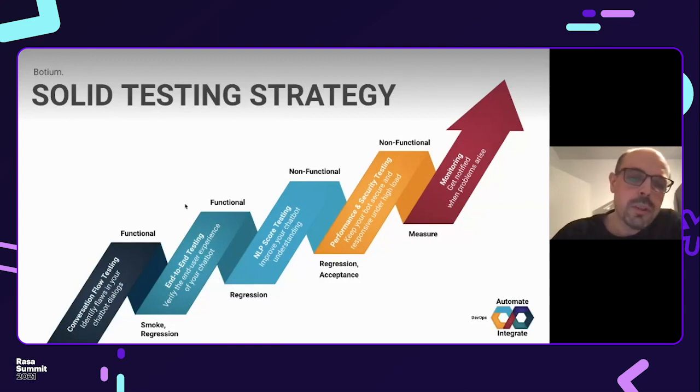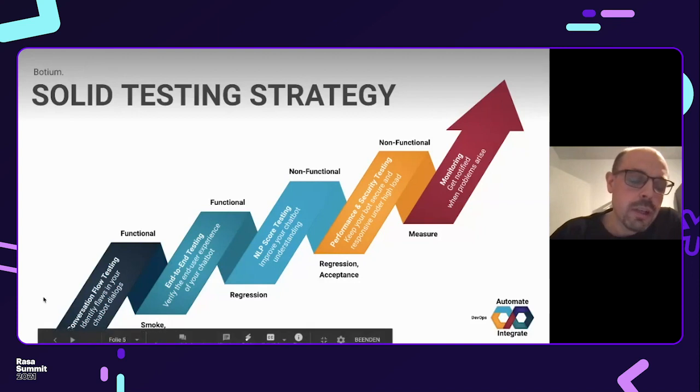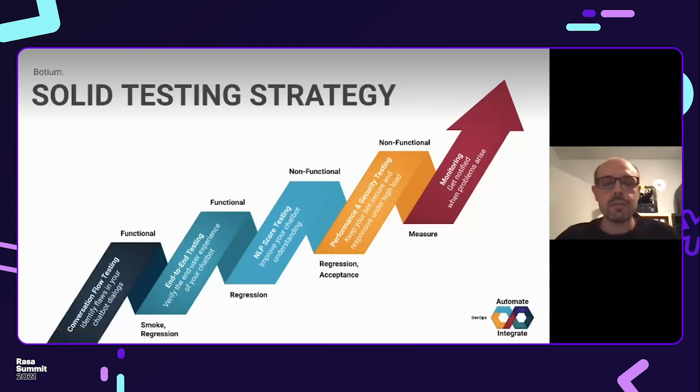And I've just put here 5 typical test types, starting here on the left with basic conversation flow testing. What about testing your dialogues? This is good for doing smoke and regression testing, adding domain-specific testing. Also on the functional side here, doing real end-to-end testing, as I'm going to show you live in a few minutes.